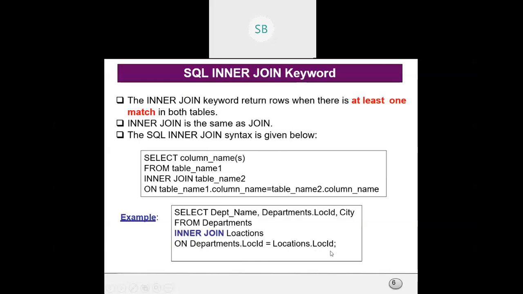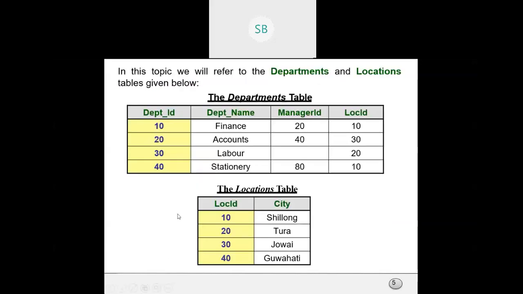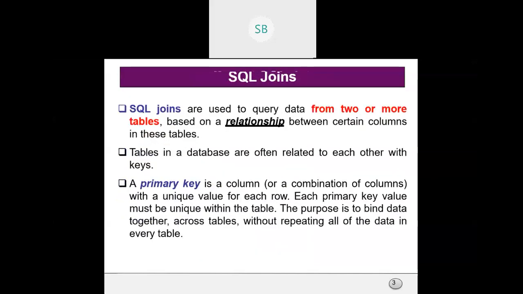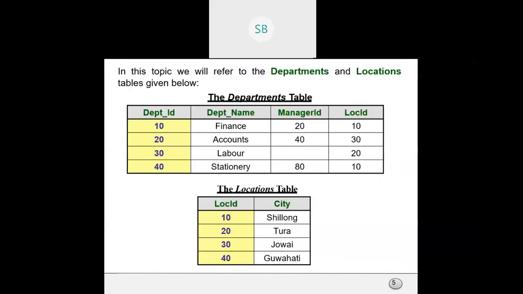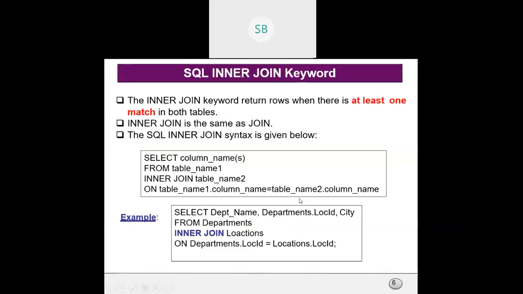We can find the city respective to the department only once we join these two tables. I told you, when we are going for joins, there must be some column which has to be common. So this LOC ID is the common column. So we are mentioning here on department dot LOC ID equal to locations dot LOC ID.